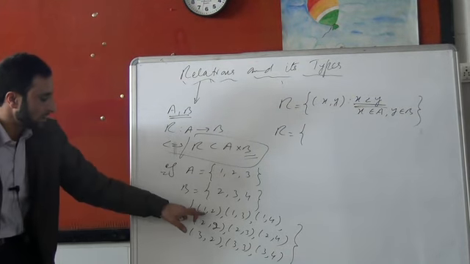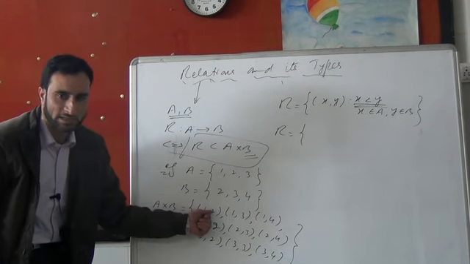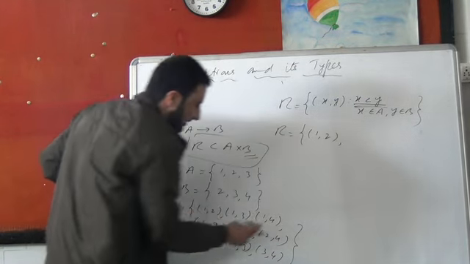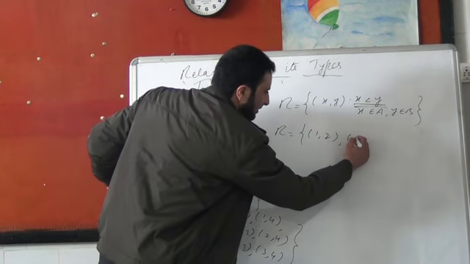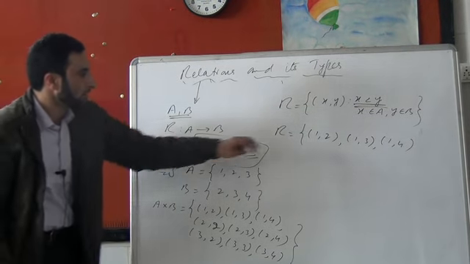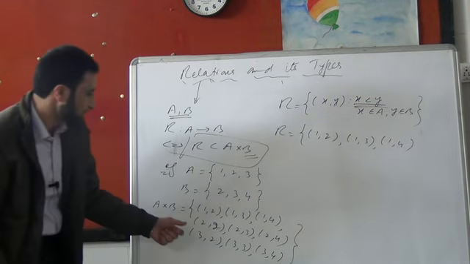Here 1 comma 2 we can write, because 1 is less than 2. So we will have (1,2), (1,3), (1,4), because 1 is less than 2, 1 is less than 3, 1 is less than 4.